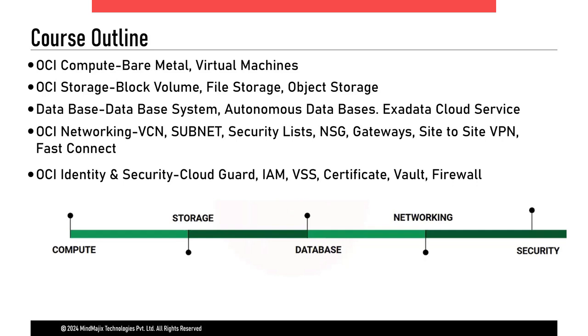If there are any federation related things, that is also controlled within IAM. Federation means if we want to federate, for example, an Azure AD to OCI connection, we can do it within the IAM services in OCI.